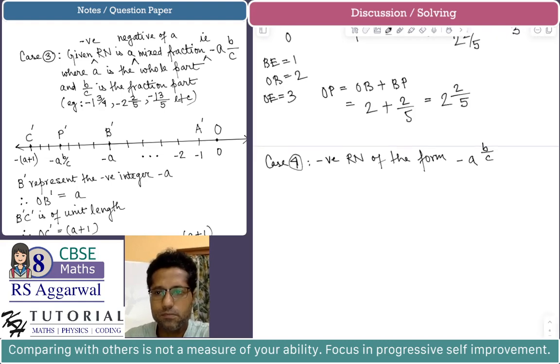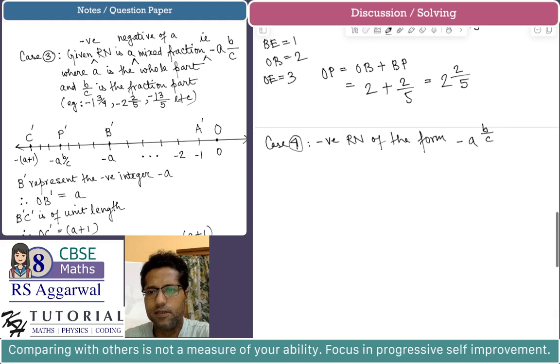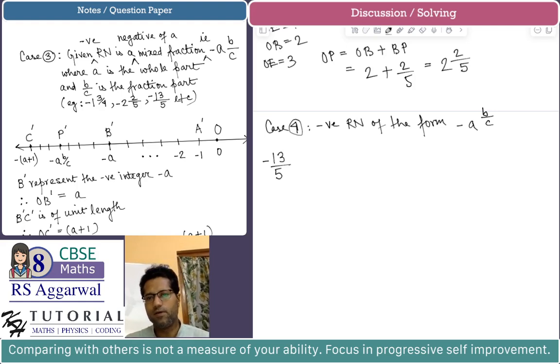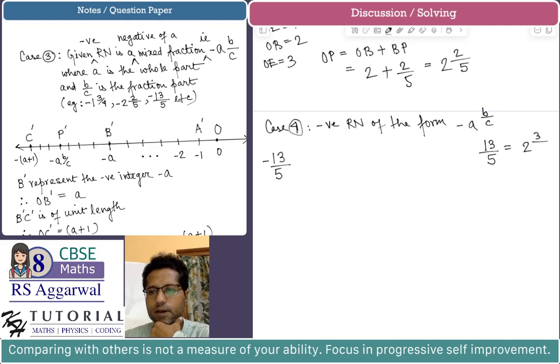So let's directly try to understand this with an example. Let's say I want to represent the number minus 13 by 5. I know that 13 by 5 is an improper fraction which can be represented as a mixed fraction as 2 and 3 by 5.